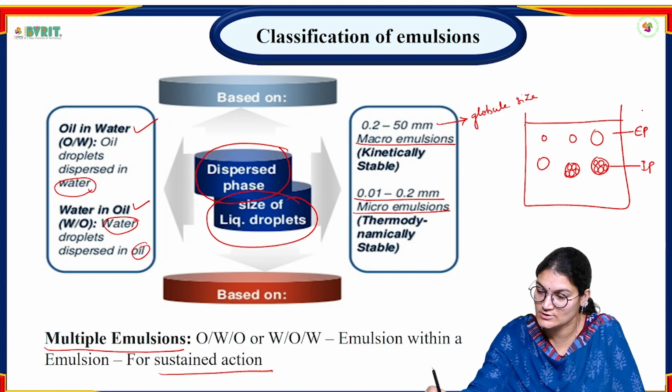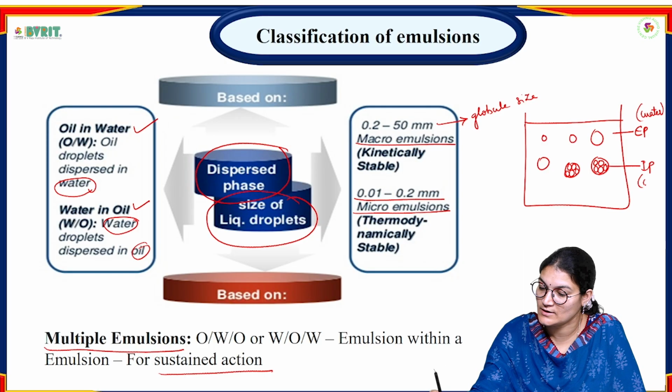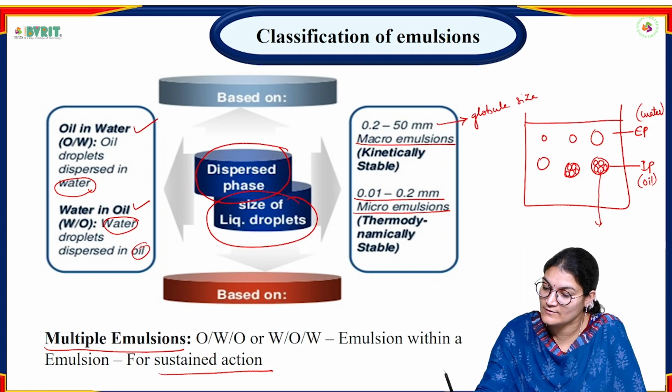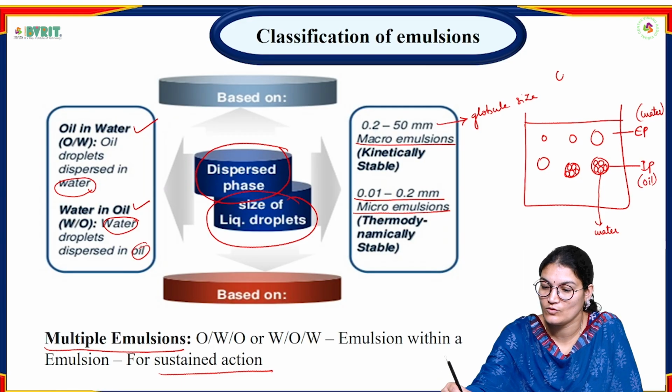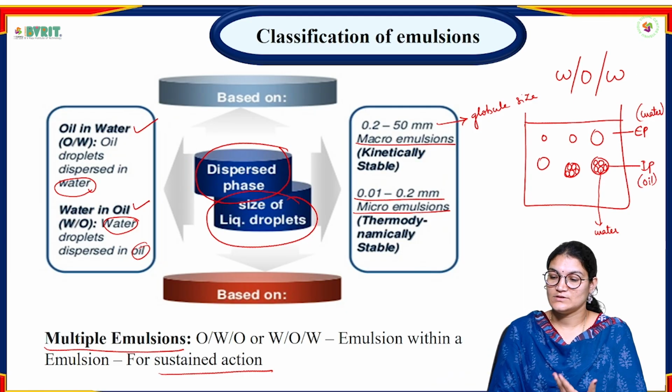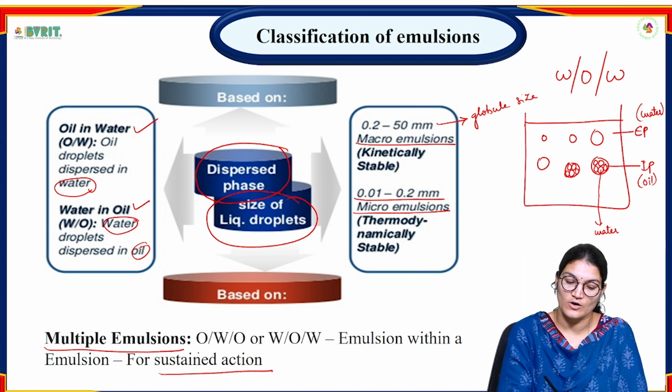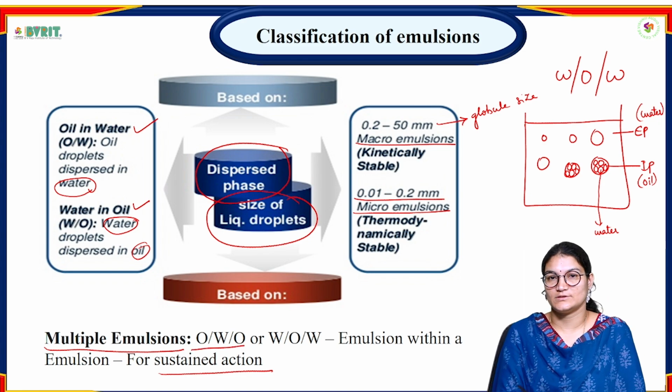Let us assume the external phase as water and the internal phase as oil, and inside the internal phase we have other globules which are made of water. So we call this system a water in oil in water system. We can also form multiple emulsions of the oil in water in oil system. Mostly, their use is that they can sustain the release of the drug.